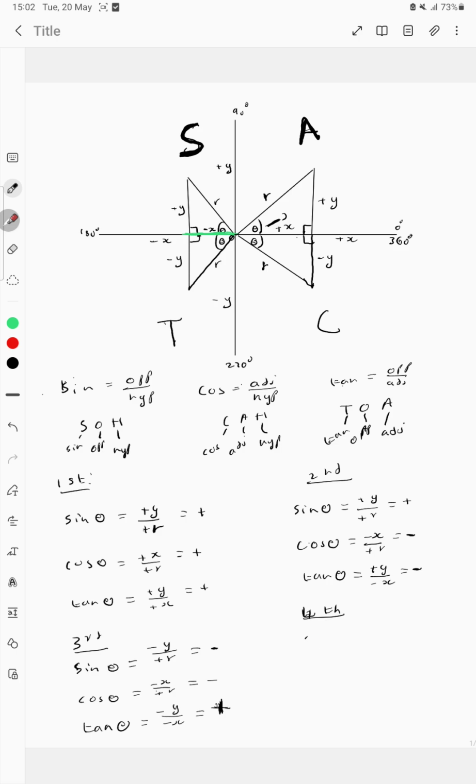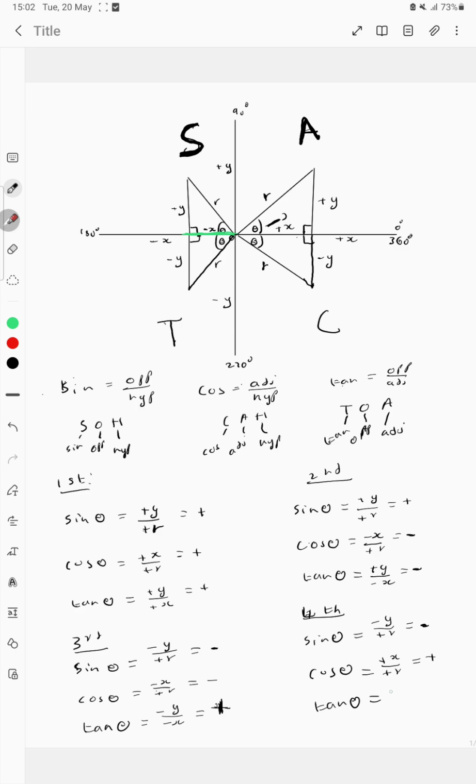And then in the fourth quadrant we have sine theta, cos theta, and tan theta. So this would be minus y over positive r, and then negative and positive gives us what? Negative. And then cos would be positive x over positive r, and positive gives us positive.